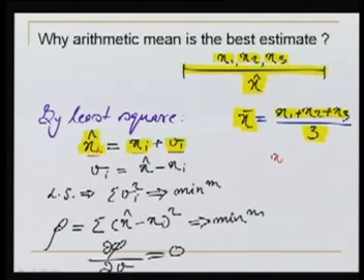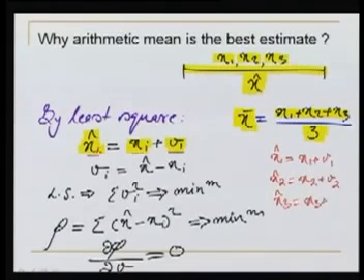We can write x1 hat is x1 plus v1, x2 hat is x2 plus v2, x3 hat is x3 plus v3. Now, I am bringing this vi on the left hand side, so the right hand side becomes xi hat minus xi.